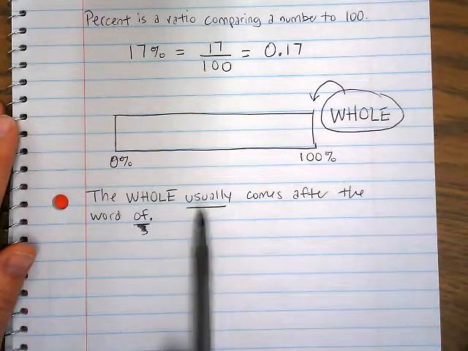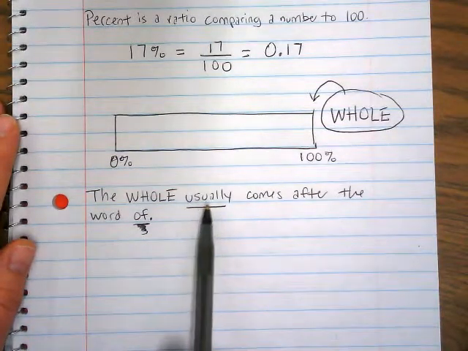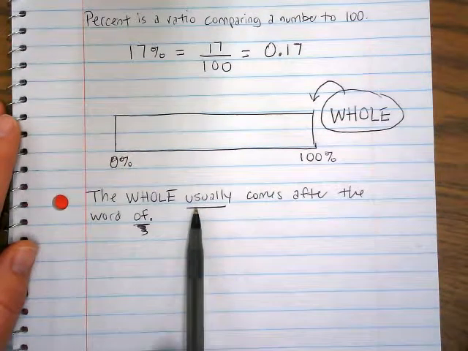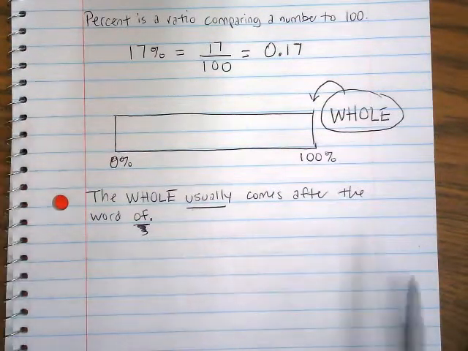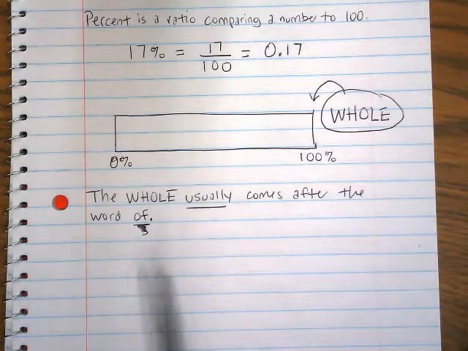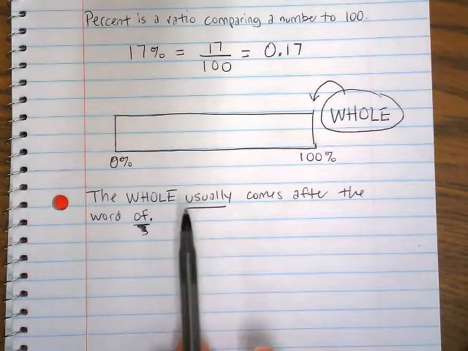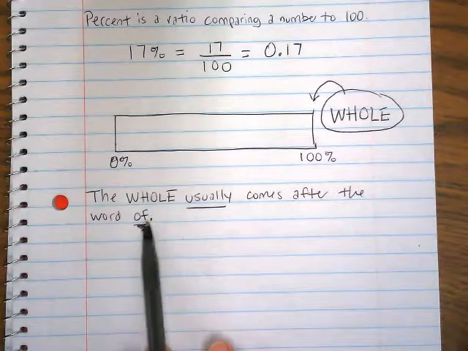Now, the reason I underlined the word usually is because this isn't always true. There are some word problems where you just have to figure out what the whole is. But there are a lot of times where you could see that the whole comes after the word of.